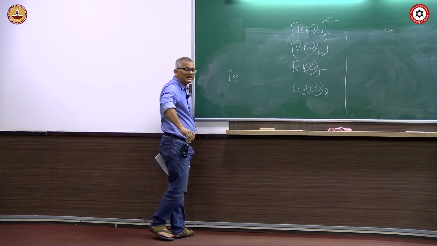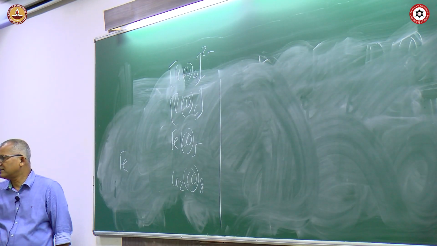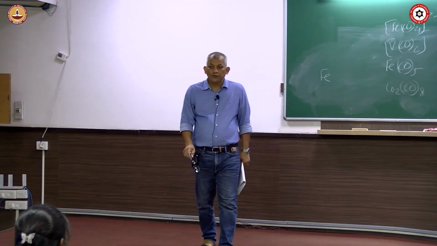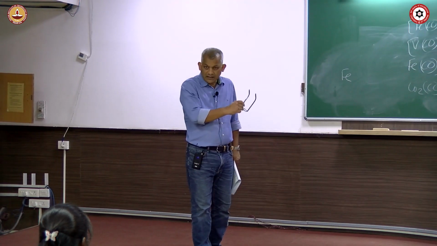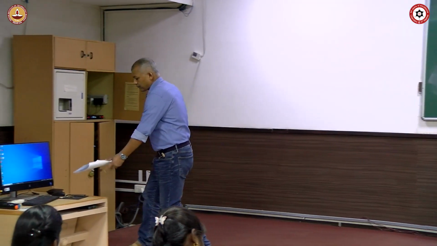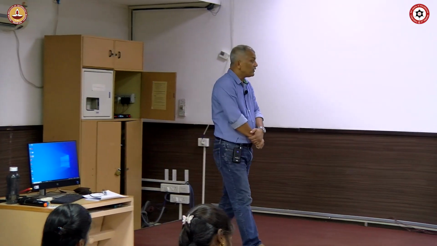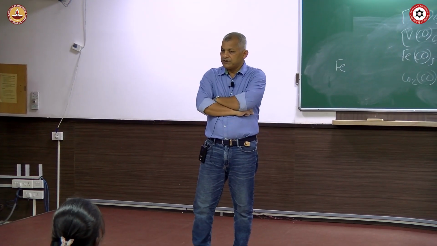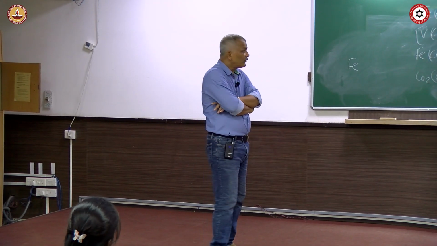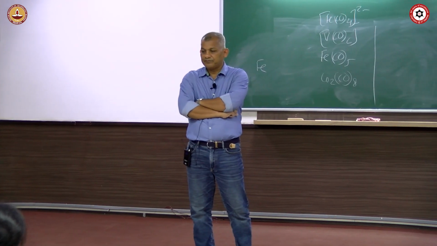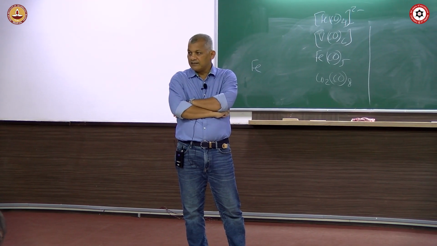What is the geometry, anyone knows? How many ligands do you have? Okay, this is something I will come back to a little later. Depending on the number of ligands, you can decide what would be the geometry. If you have 4 ligands, what is the geometry? Tetrahedral.